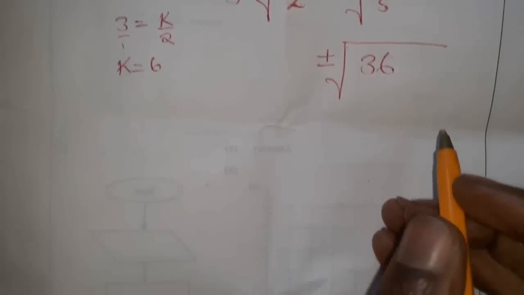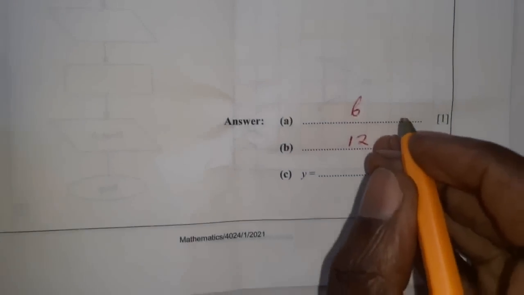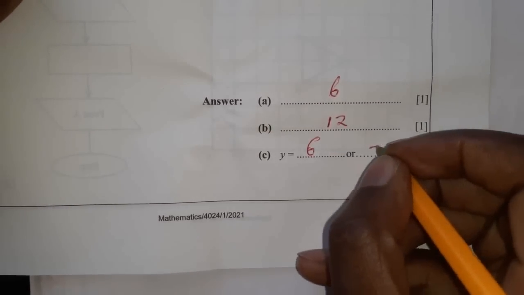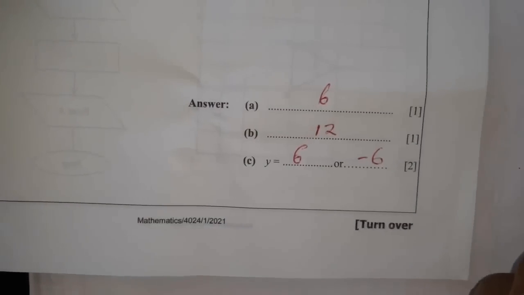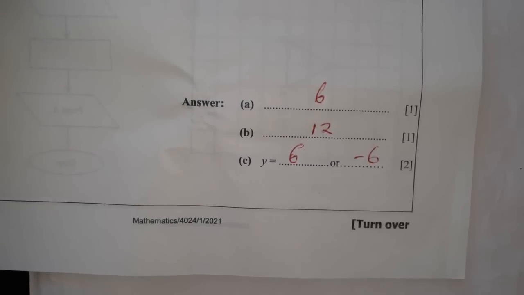And the square root of 36 is plus or minus 6. So here, what do you write? 6 or minus 6. It can be positive or negative. Ladies and gentlemen, thank you. Let's move on.